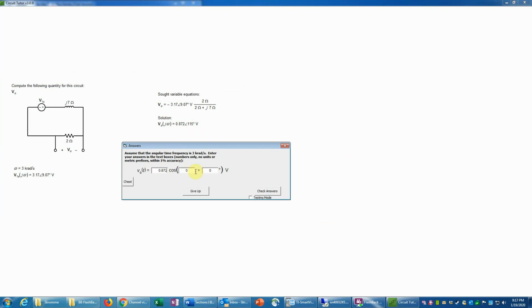And our omega multiplies t. So remember that omega was 3 kiloradian per second. So we're going to enter that just as a number. So we'll write 3,000. And the angle then would be that 9.07 degrees. And I don't think it accepts the metric prefixes here, so we'll just write that as 3,000. And we'll check that.